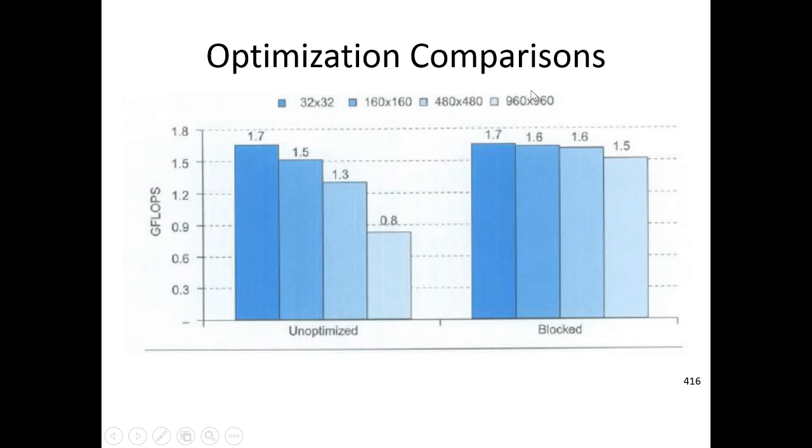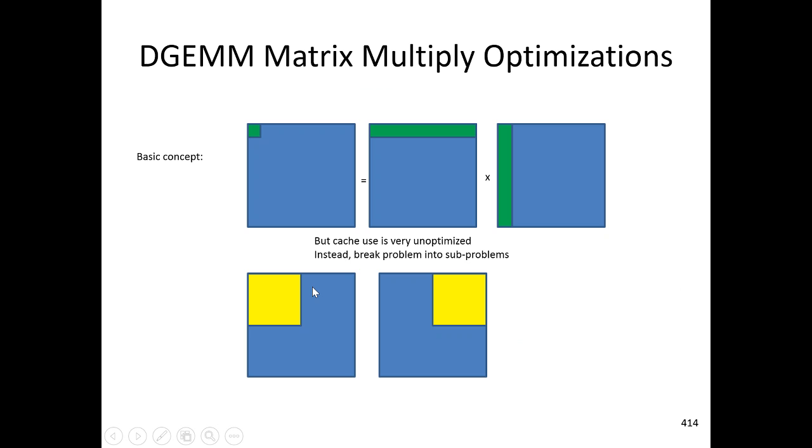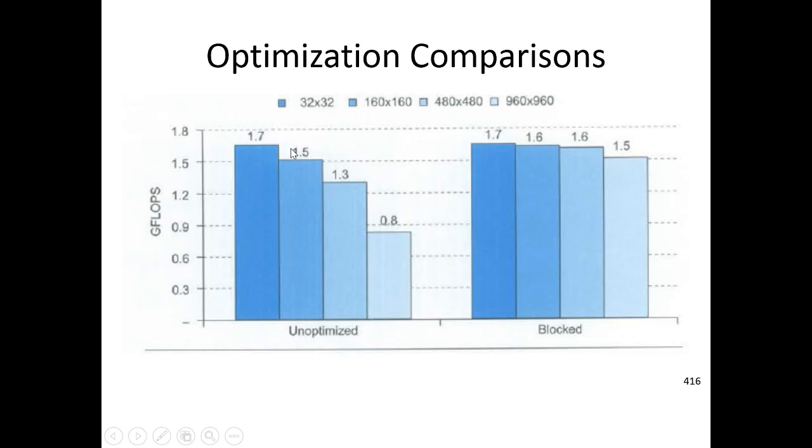By the time we get to the 960 by 960 range and we do the operation, maybe it's DGEMM again, now you're only getting on average 0.8 giga floating point operations per second. So this is the unoptimized code, doing it all this way with larger and larger arrays on the same size cache.